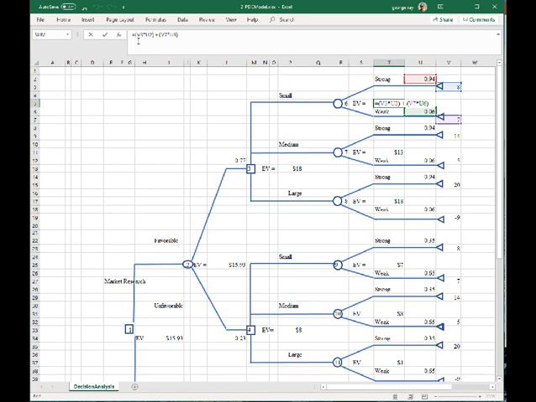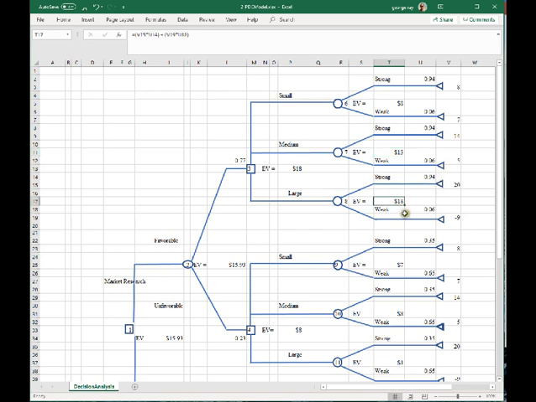So it's going to be 0.06 times 7 plus 0.94 times 8. And likewise for each one of the branches. So here, again, you'll see I'm using the appropriate cells to multiply 0.94 times 14 plus 0.06 times 5.